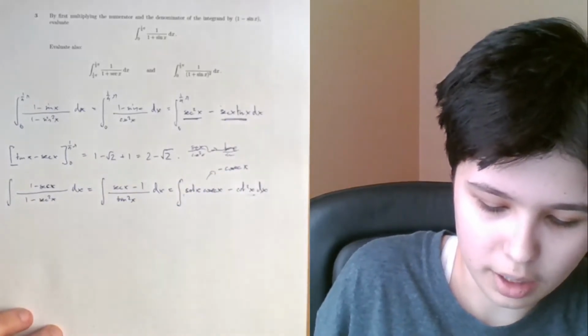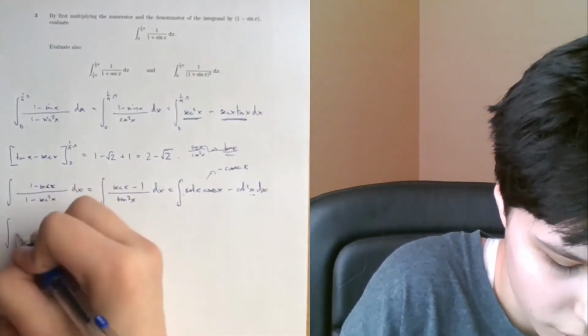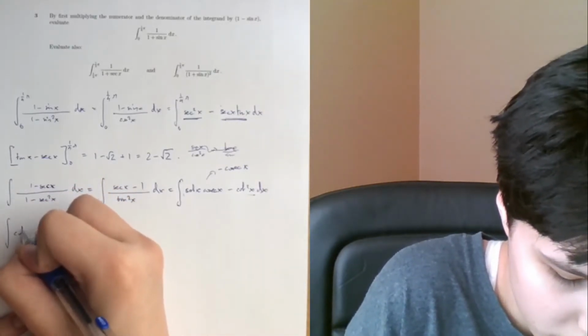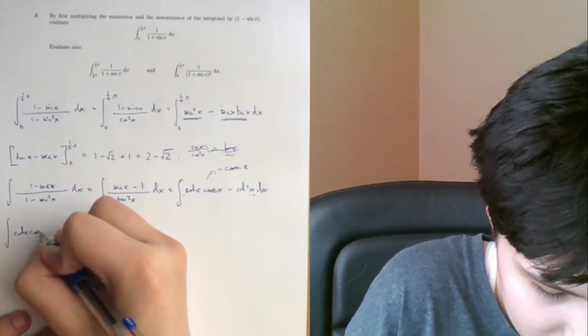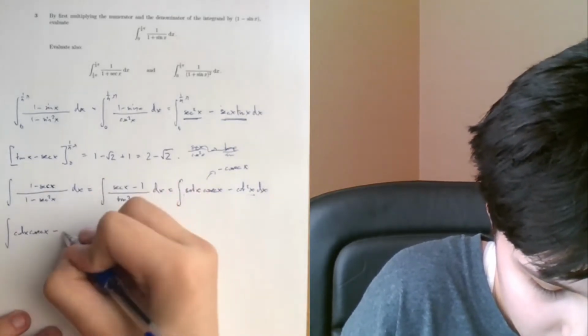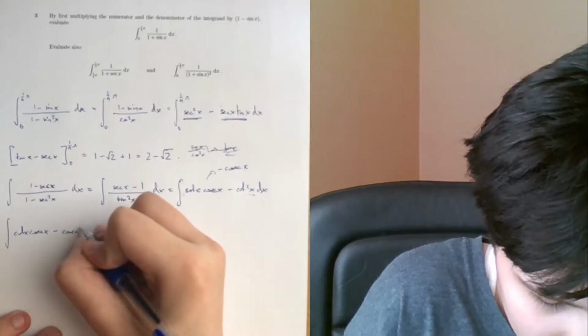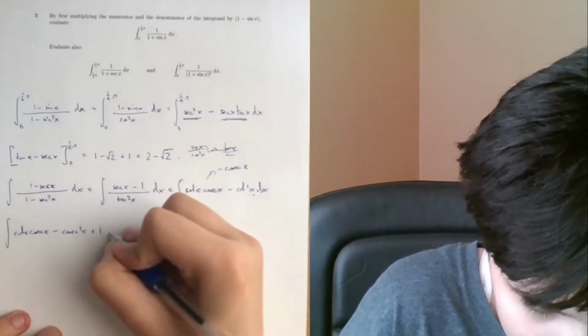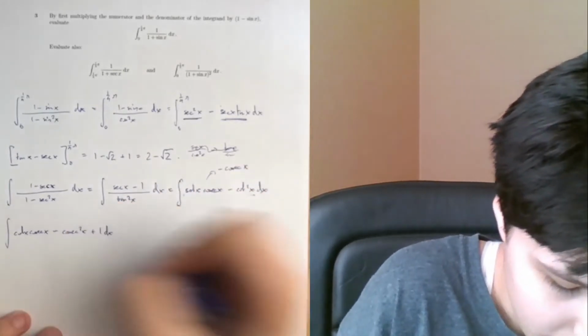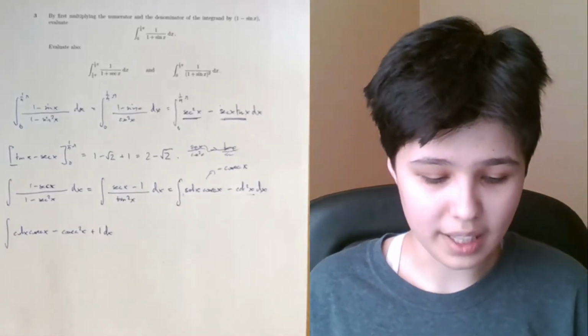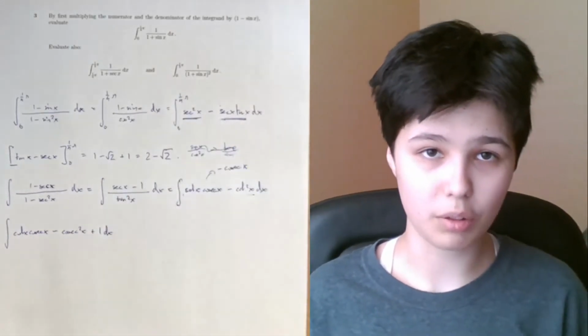Instead of integrating cot squared x, I'm just going to reformulate this as cot x cosec x minus cosec squared x minus 1 dx. Again, cosec squared x should remind you of a sec squared integral.